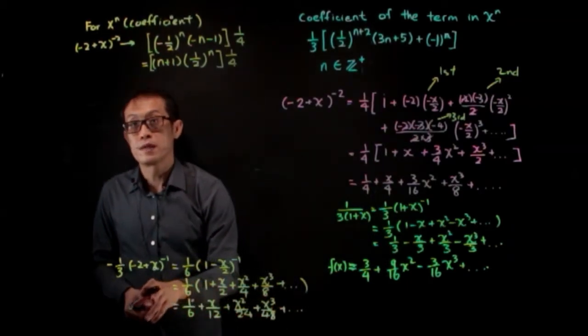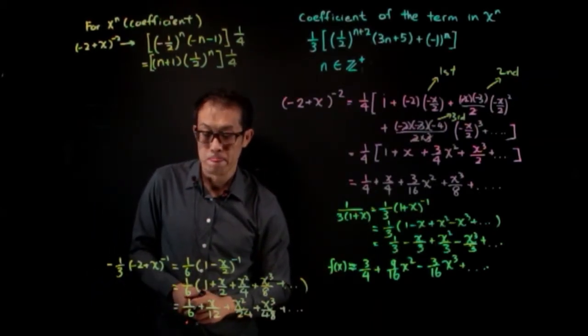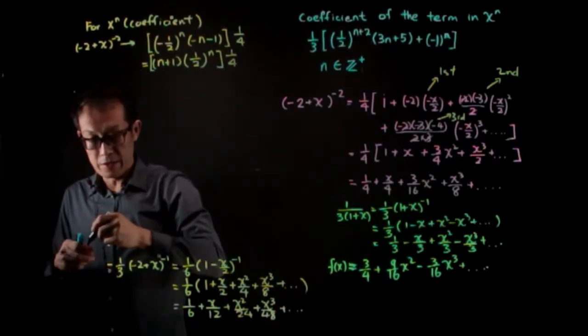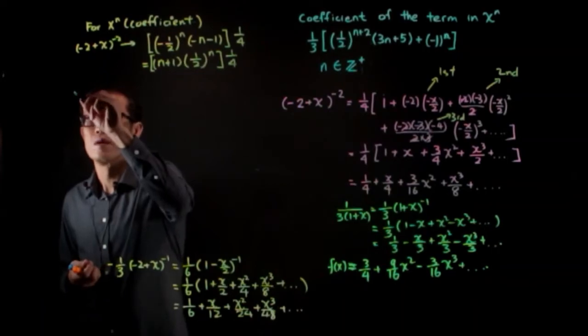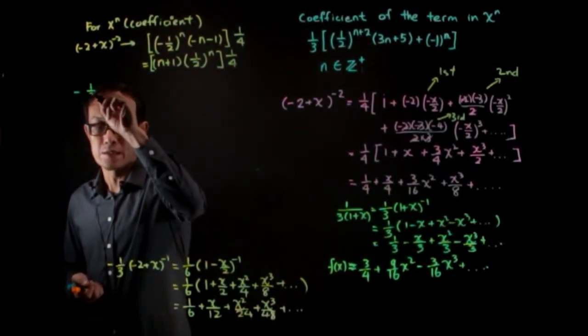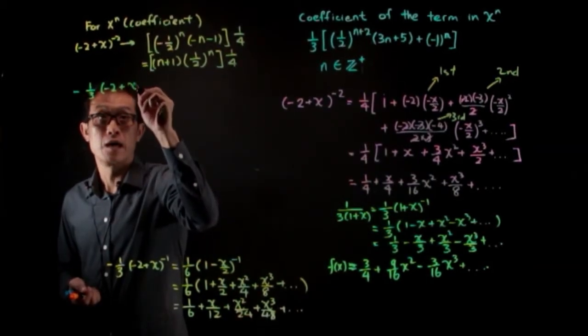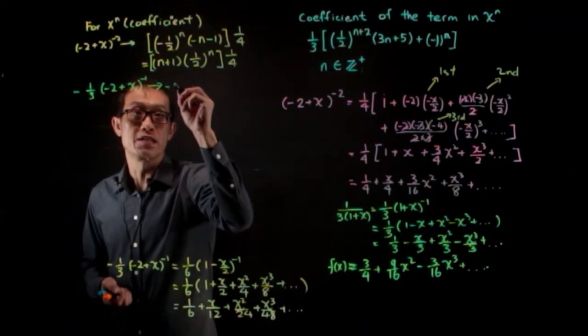How about the second expansion over here? Maybe I use a different color. You have minus 1/3 minus 2 plus x to the power of minus 1. So you have minus 1/3 here.